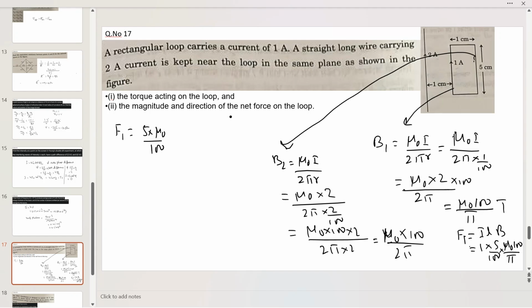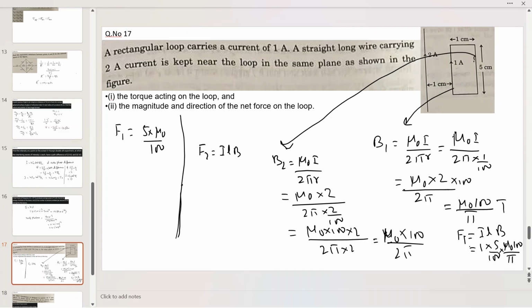Now similarly the force F2, when this wire is placed in the magnetic field, will be equal to ILB.